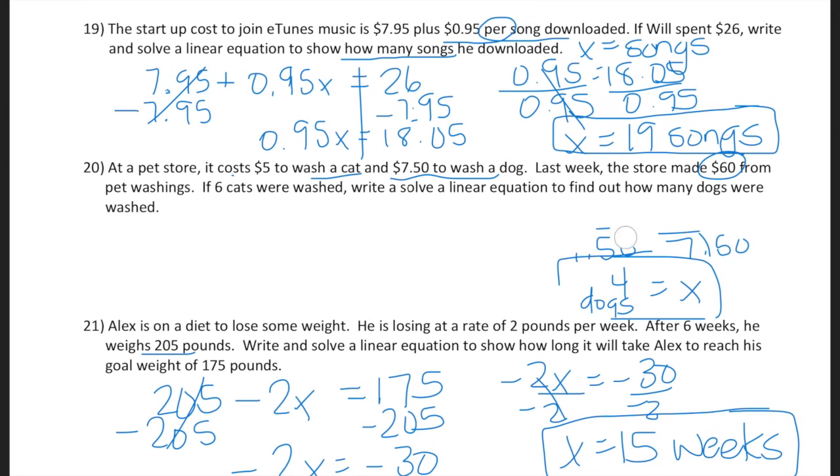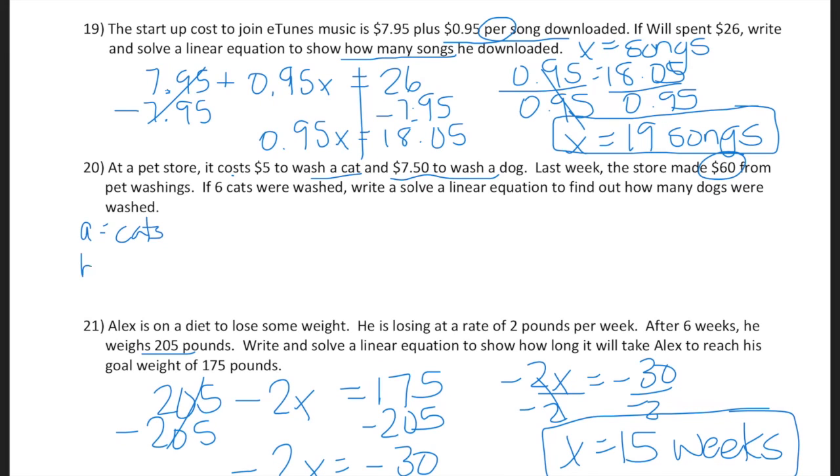But if I actually used the equation format that I know, let's say that A is cats and B is dogs. So $5 per cat plus $7.50 per dog equals $60.